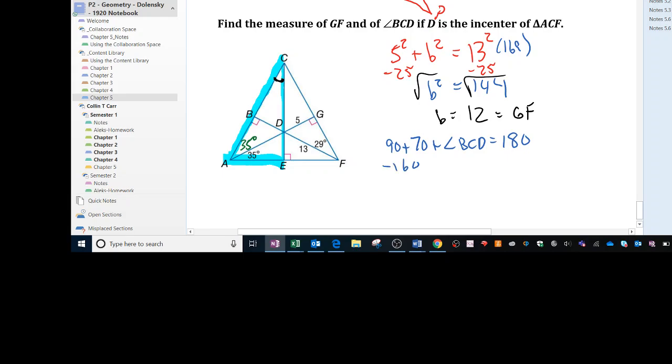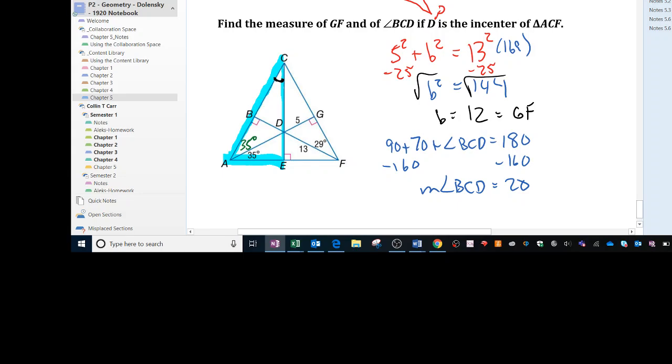And if I subtract the 160, I get my angle BCD, or the measure of that is 20. So the 160 is the 70 and the 90.